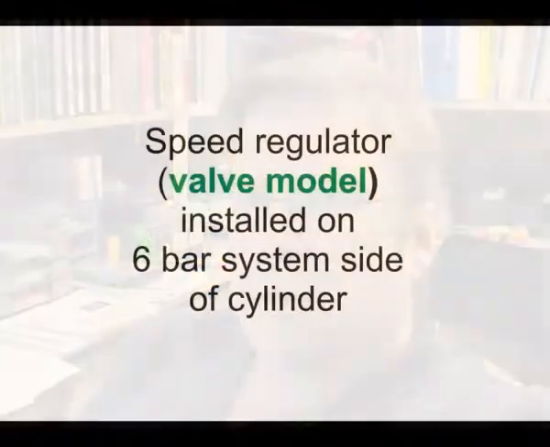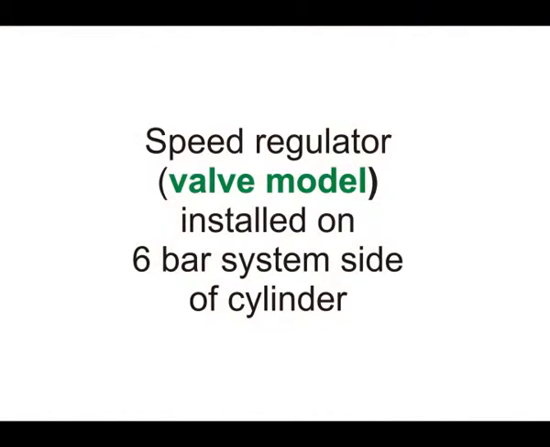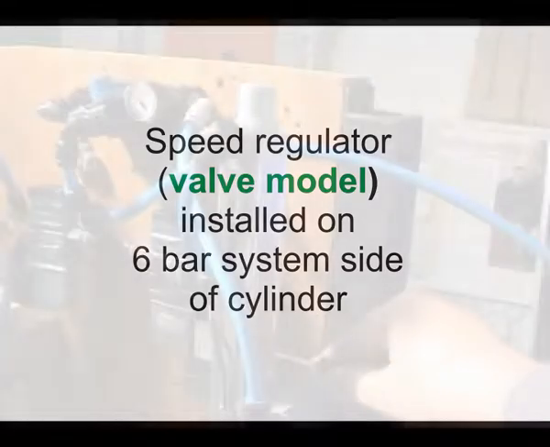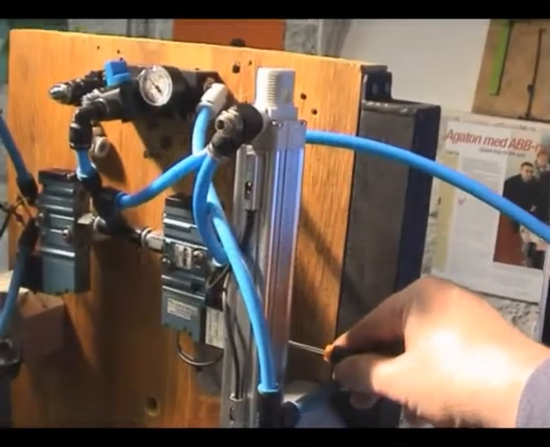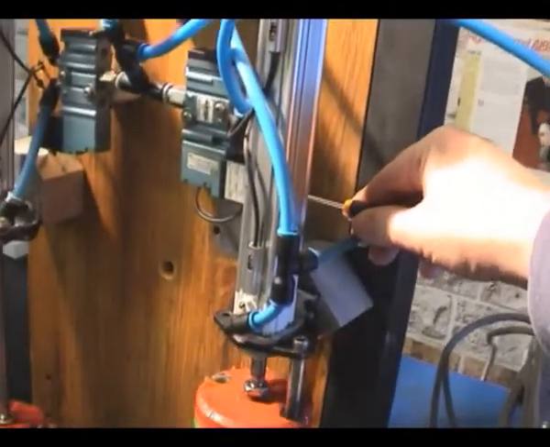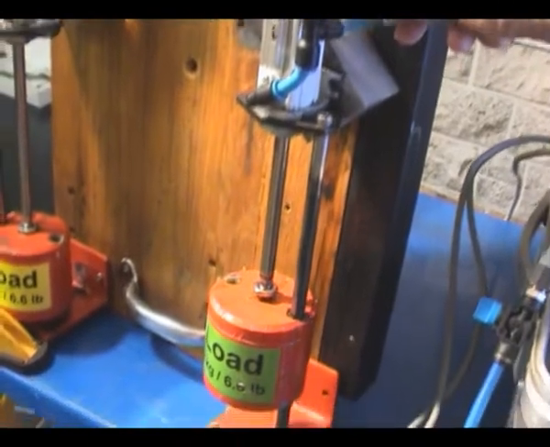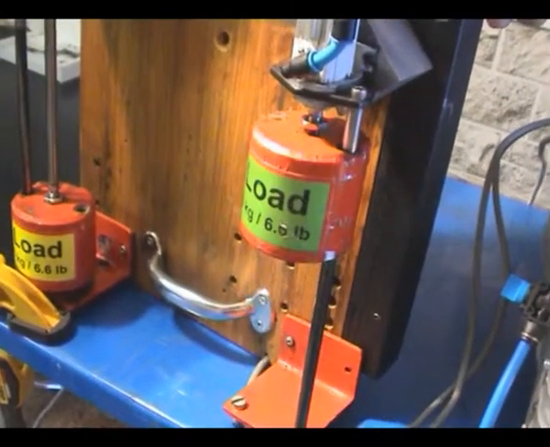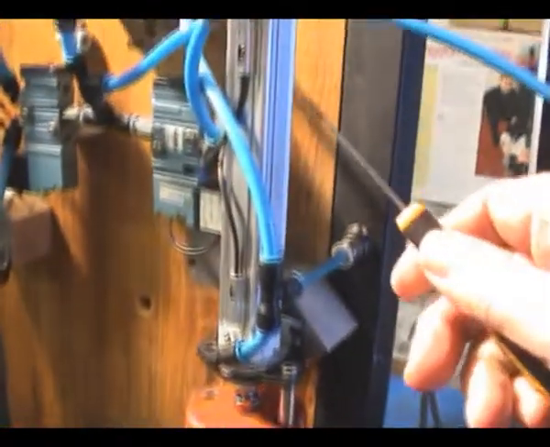But it's still easier to use a dual speed regulator to adjust the speed for the forward and for the return stroke. Here is how the speed regulator is reacting, as a very slow movement forward and the return stroke.